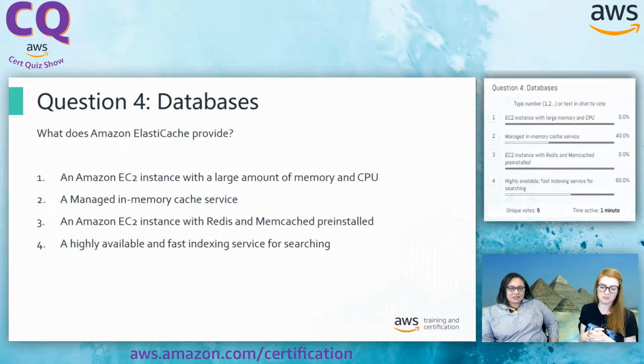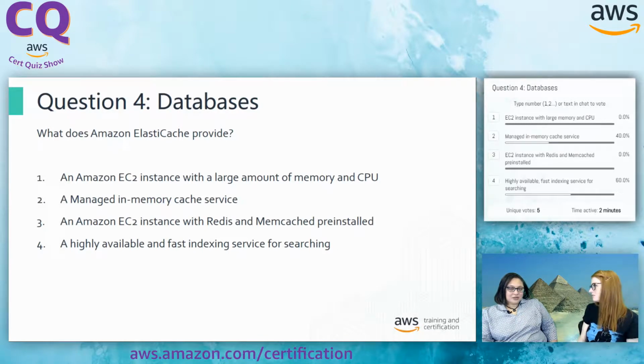And an Amazon EC2 instance with Redis and Memcached. That's close, because we do actually provide support for Redis and Memcached, but not on EC2. A highly available and fast indexing server for search. I mean, kind of. That is a description of what it does, but not what it provides.